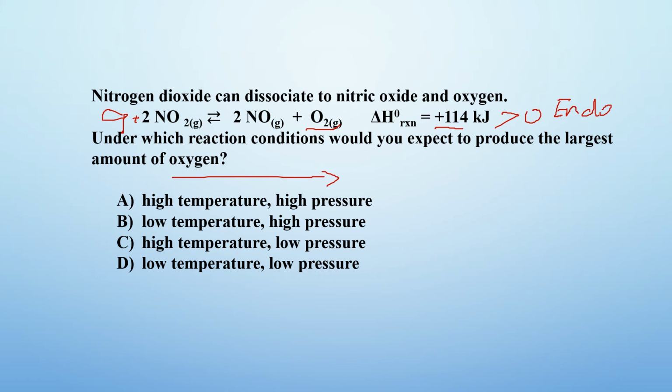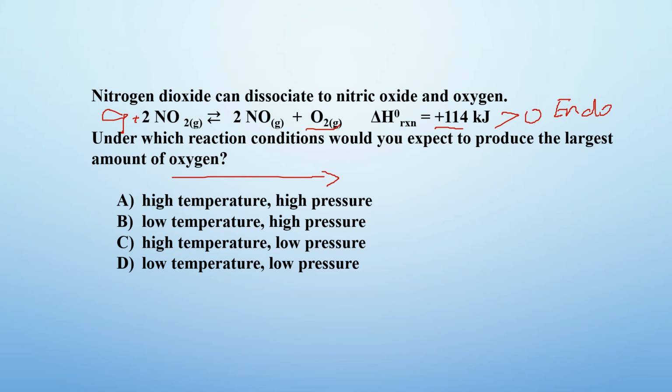By looking at these choices, it is a combination of a change of temperature and pressure. So first, let's look at the effect of temperature. Because it's an endothermic reaction, the Q is on the left hand side. So to shift the chemical reaction to the right, we want to increase the amount of heat.